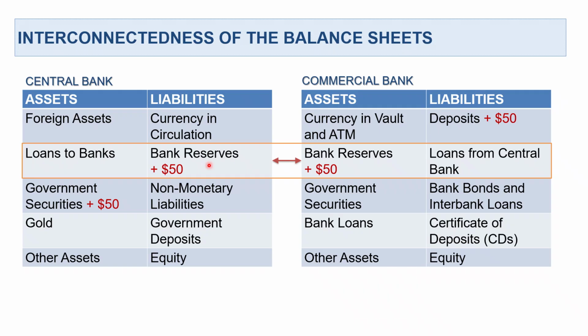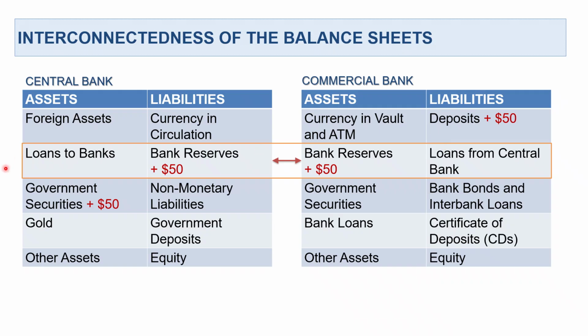So on the liability side of the central bank balance sheet, you have bank reserves, which is the liability to the commercial bank. And on the commercial bank, it becomes an asset. So the bank reserves become an asset, and it's basically the liability of the central bank. So this connection between the bank reserves on the liability side, and the asset side of the commercial bank, is the interconnectedness of the balance sheets of the central bank and the commercial bank.